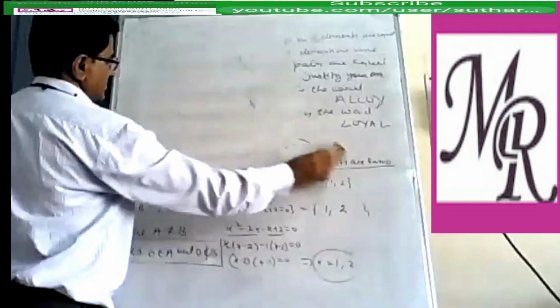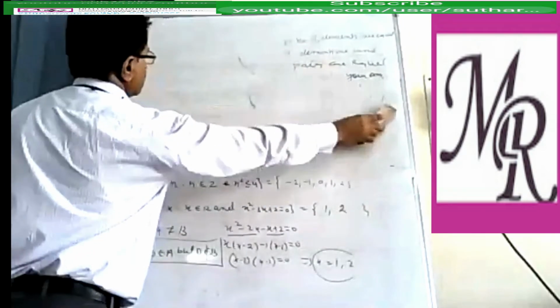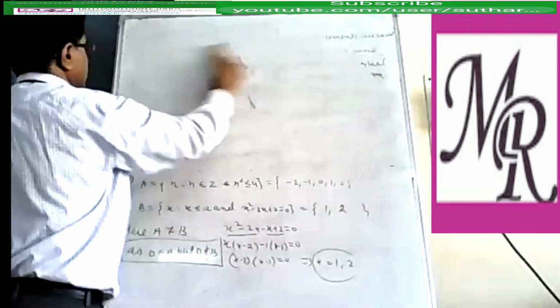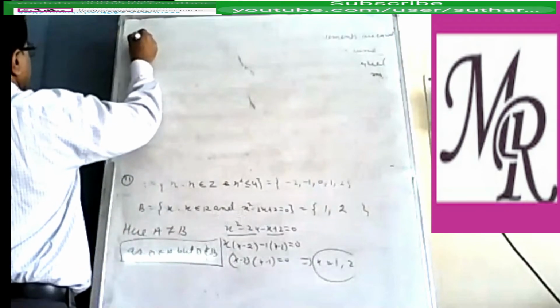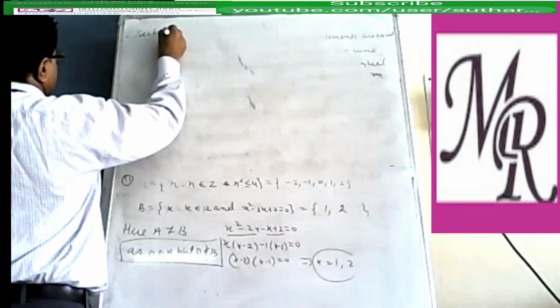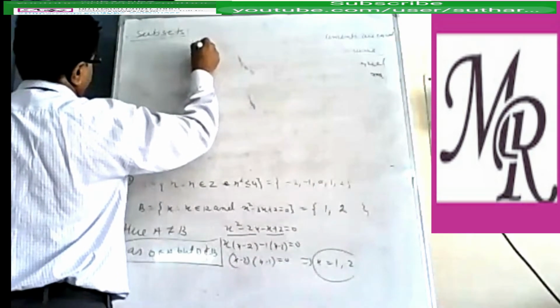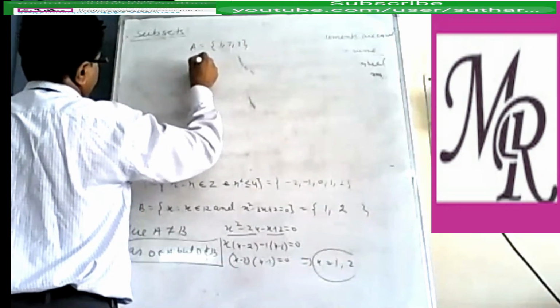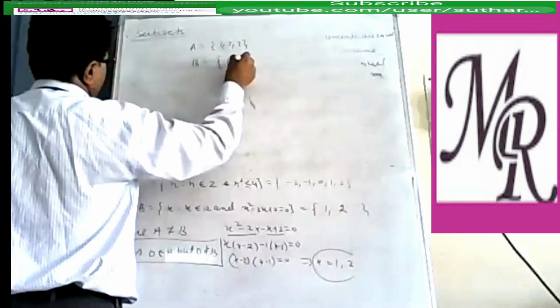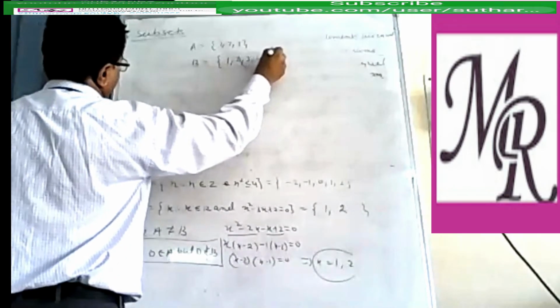Then next topic we see that is subsets. Suppose set A contains elements 1, 2, 3 and set B contains elements 1, 2, 3, 4, 5.